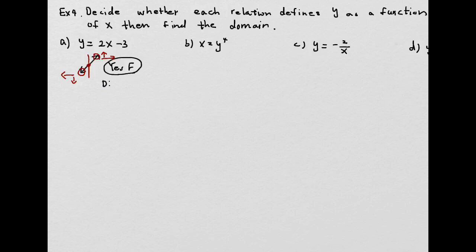Your domain is going to be negative infinity to positive infinity because you have a left to right arrow. And also you can tell your domain is going to be all real numbers because it's a linear equation, you do not have any restrictions to pick variable x. You can pick any x, right? No restrictions. So that's how we know your domain is going to be negative infinity to positive infinity.